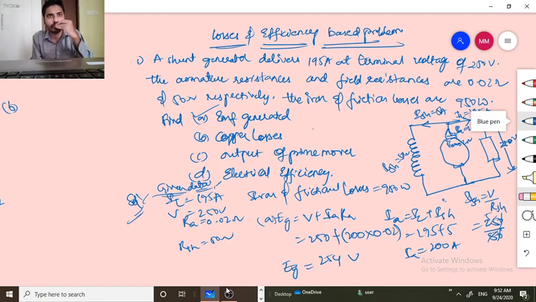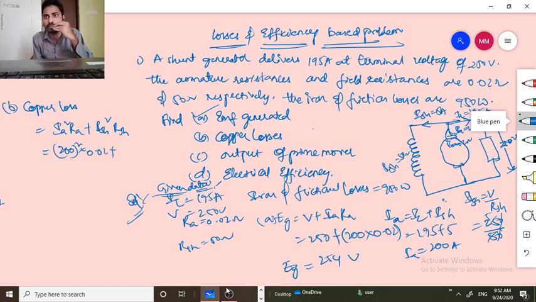The copper loss is nothing but Ia square Ra plus ISH square RSH. What is the value of Ia? 200 whole square into Ra 0.02, plus ISH 5 square into RSH 50.